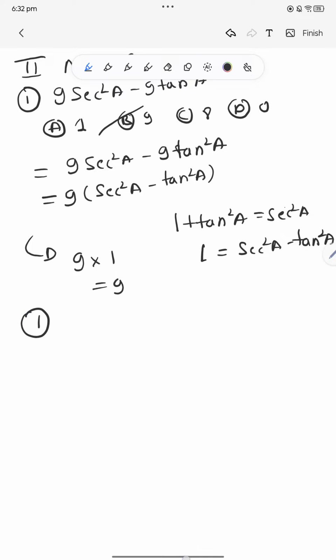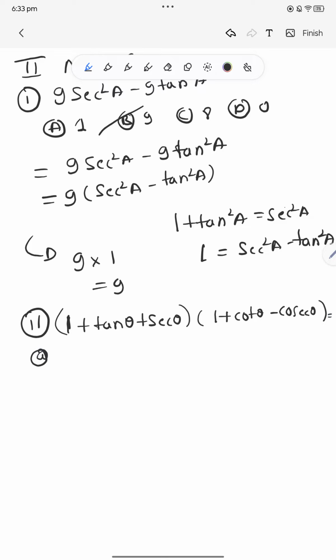Second question is a little bit tricky. Here you have to assume: 1 plus tan theta plus secant theta into 1 plus cot theta minus cosecant theta is equal to.